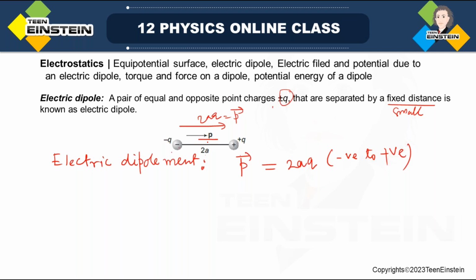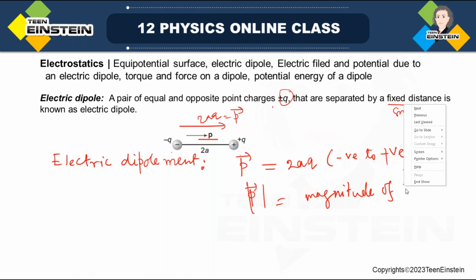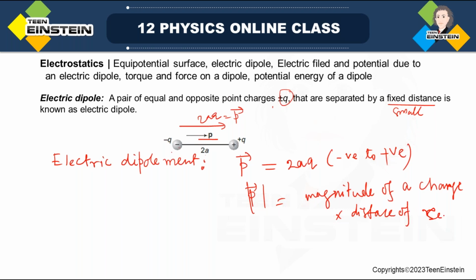So the magnitude of the dipole moment is the magnitude of a single charge, since there is a pair and you take only one charge, times the distance of separation between the charges.